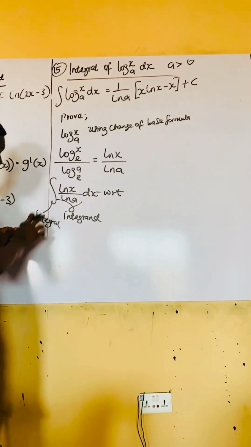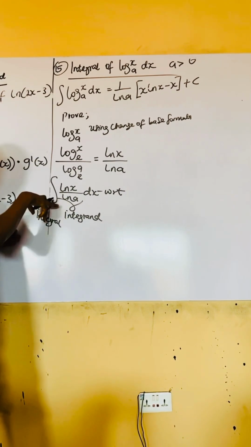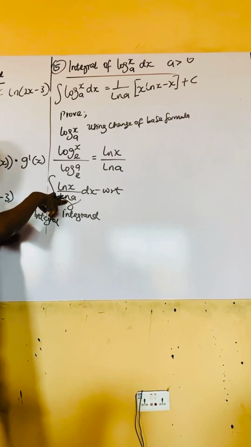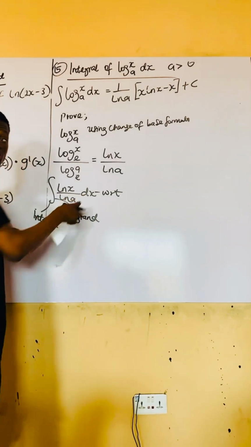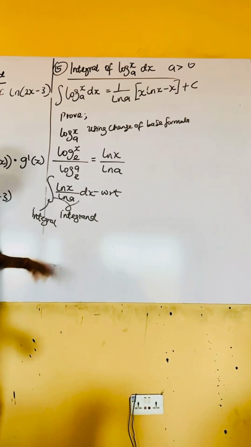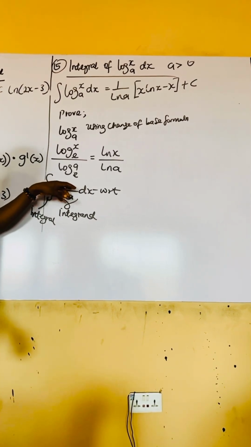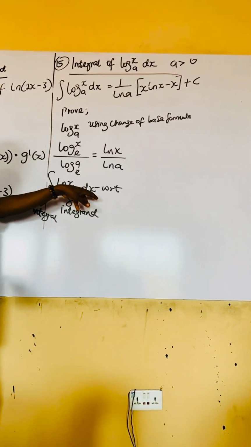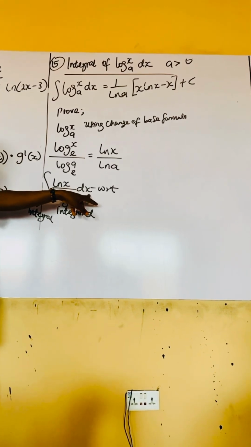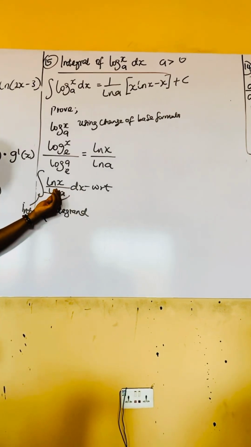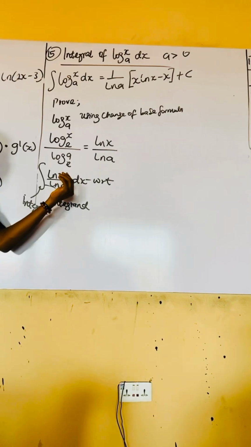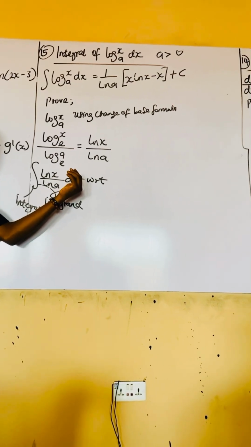We'll be having the integral of ln x over ln a, with respect to x. Now if you look closely, we have ln x and we are integrating with respect to x. But here we have ln a, and we are still integrating with respect to x.